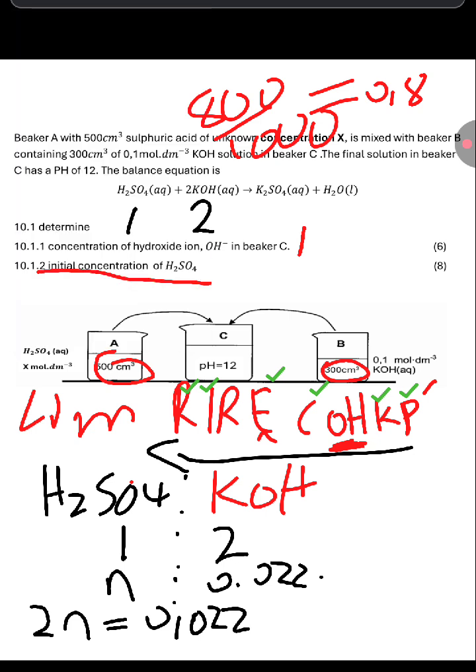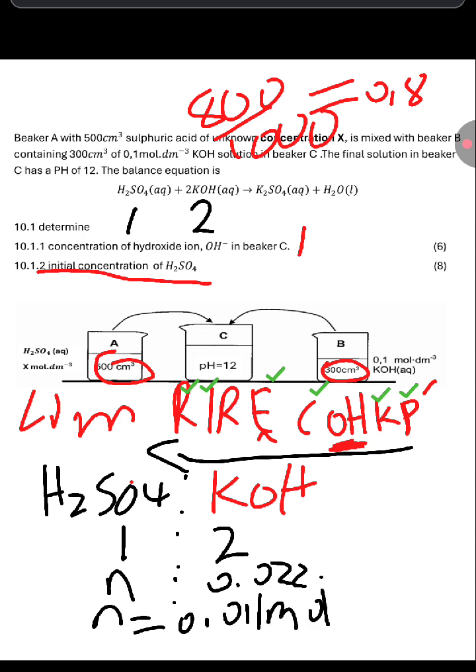Then you divide both sides by 2. What do you get? After dividing by 2, n is equal to 0.011 mole of sulfuric acid.